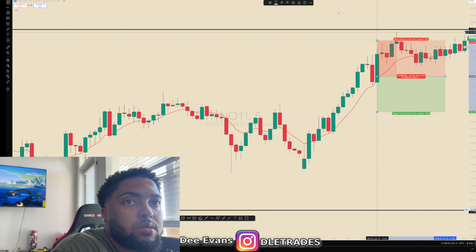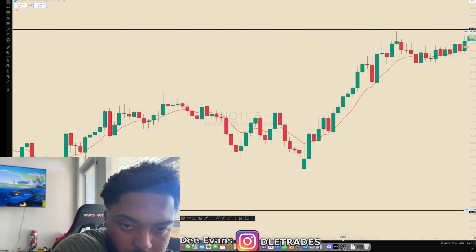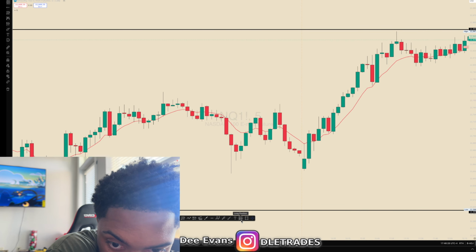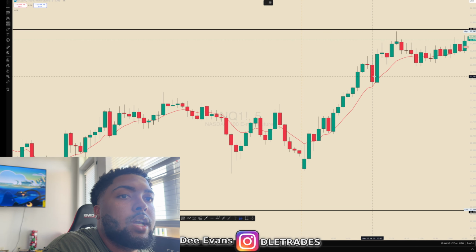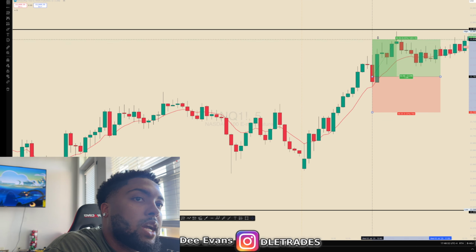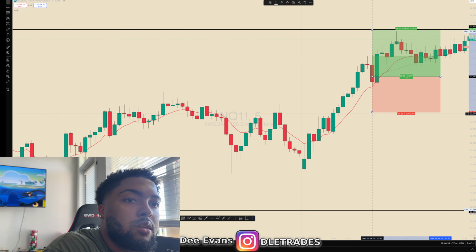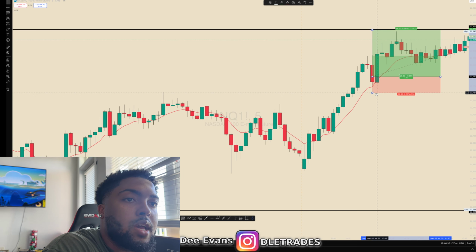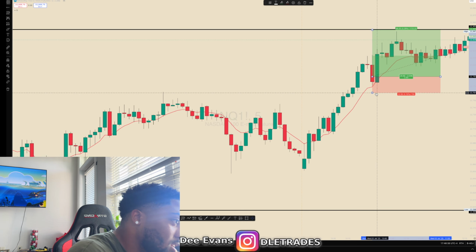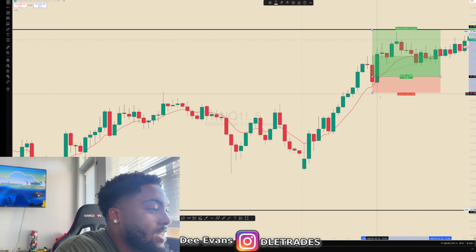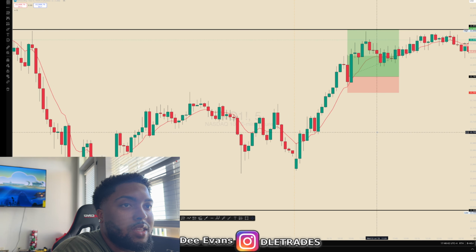Boom. Oops, wrong tool. I ended up getting long right here, targeting this black line up here, risking a little bit below this 9 EMA, and target hit. And that's the trade that I signaled earlier today.